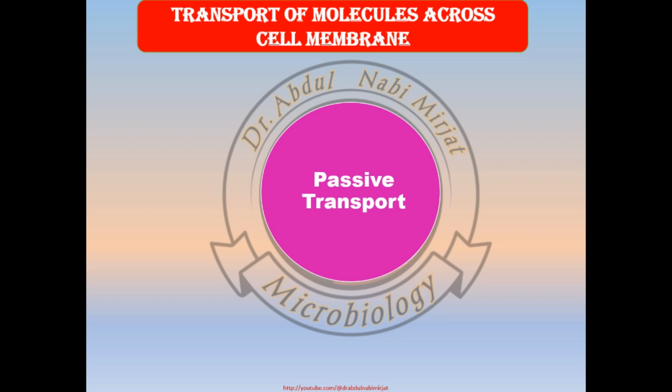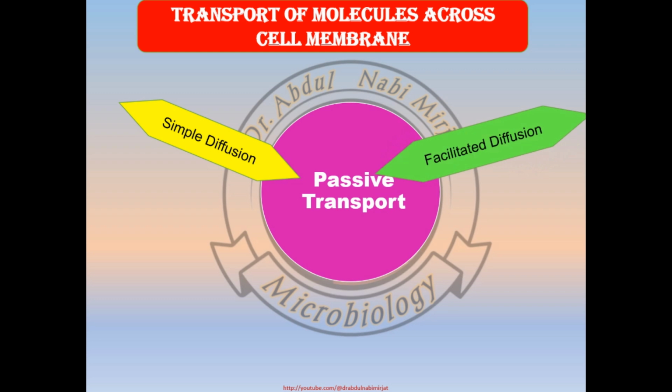Usually this type of transport does not require energy. Passive transport consists of simple diffusion, facilitated diffusion, and osmosis. Simple diffusion means movement of substances in solution from high concentration to low concentration.